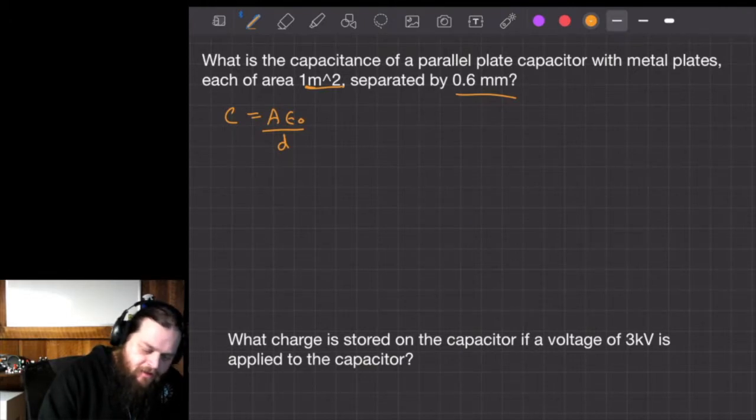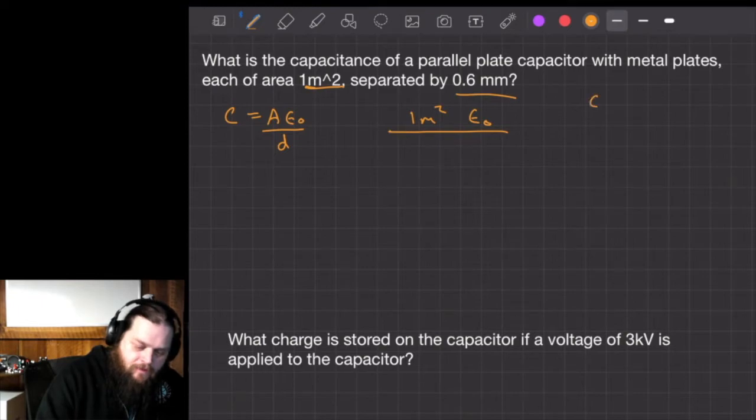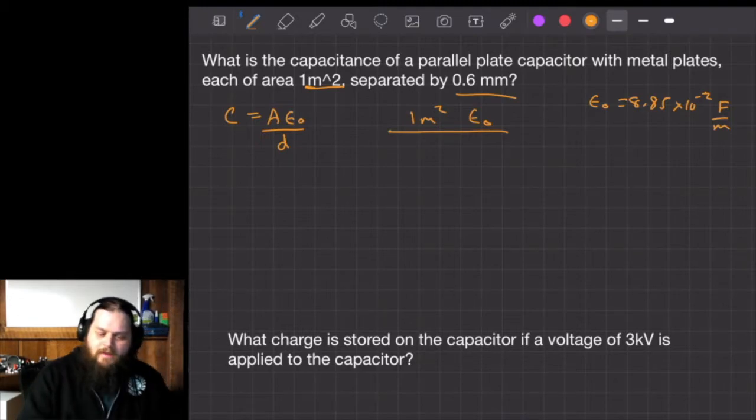So plugging in those values, I have 1 meter squared times epsilon naught, where epsilon naught is equal to 8.85 times 10 to the negative 12. I'm going to use the units of farad per meter. And this is a little different than what we used before.